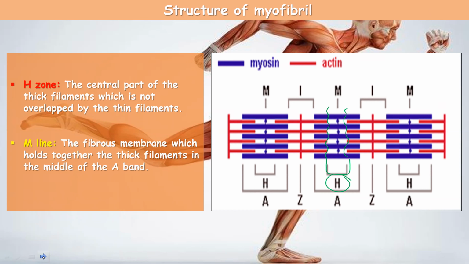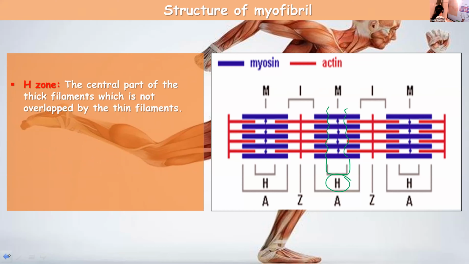Yes, ma'am. Now we'll see what is M line. So many terms, so many alphabets you're learning. Don't get confused, I'll repeat it. Now let's see what is M line. The fibrous membrane which holds together the thick filaments in the center of the A band is known as M line.